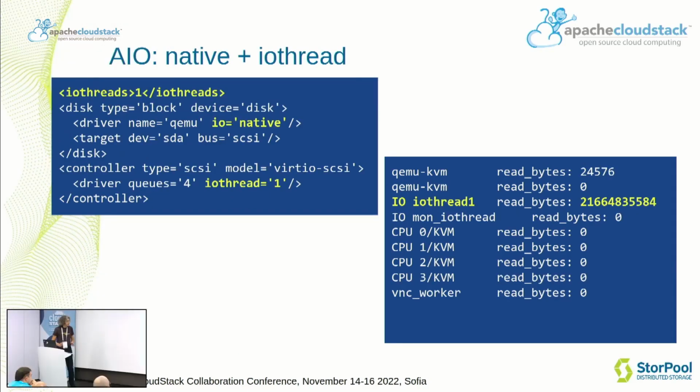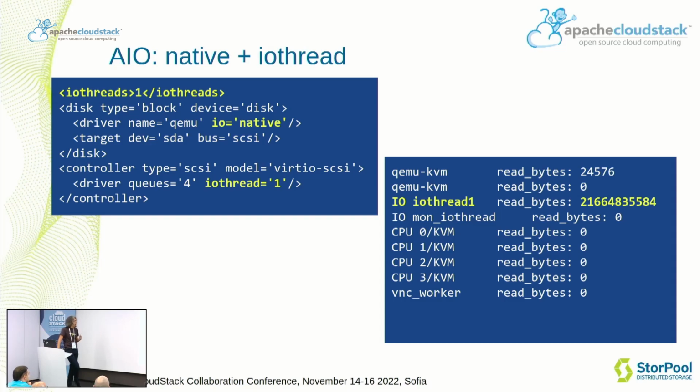So having asynchronous I/O running from the main thread can create some problems, and that's why maybe since 2014, QEMU has implemented a mode where you can have a dedicated thread for running Linux native asynchronous I/O.